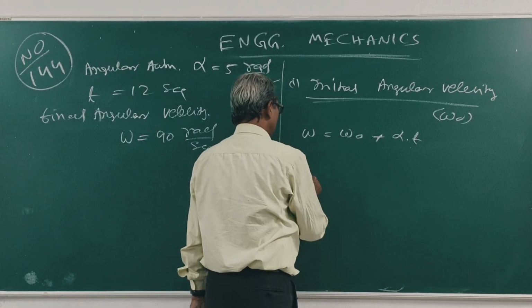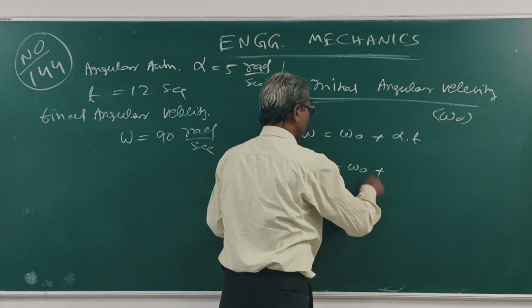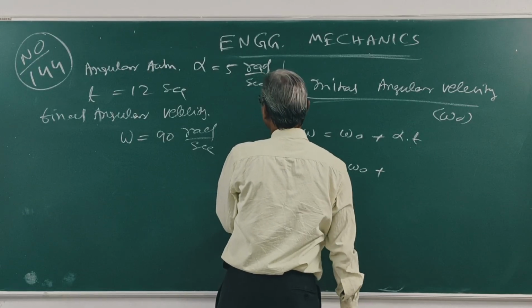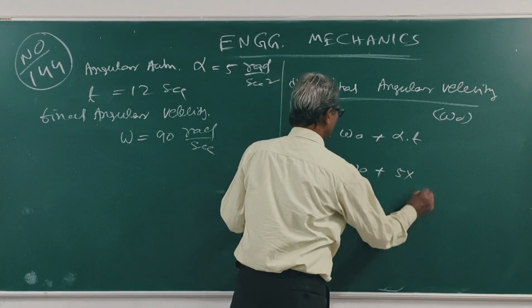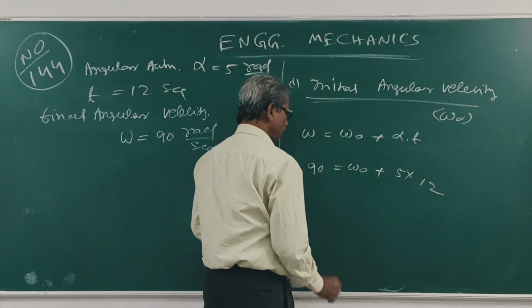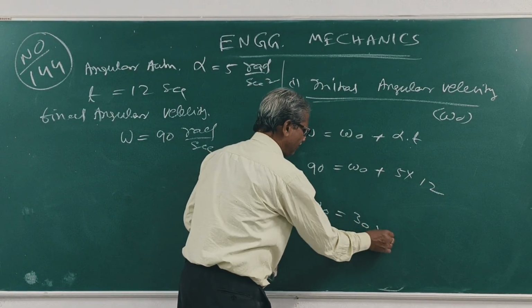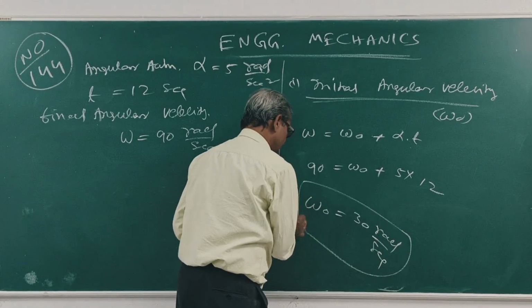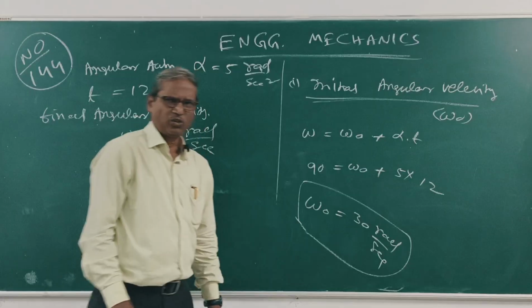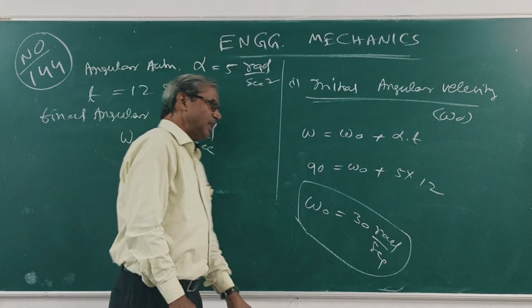So 90 is equal to omega 0 plus 5 into 12. So omega 0 is equal to 30 radian per second. Next, angular displacement.